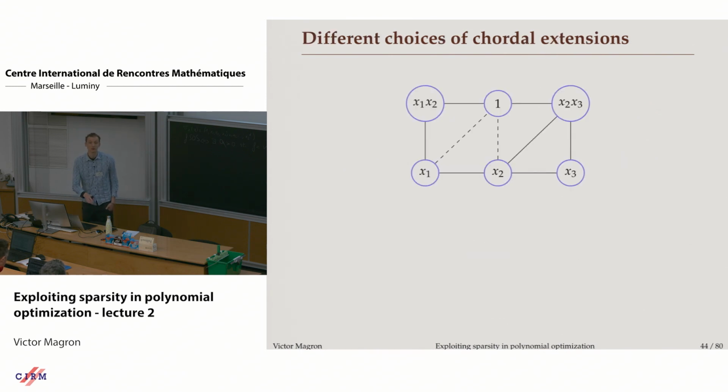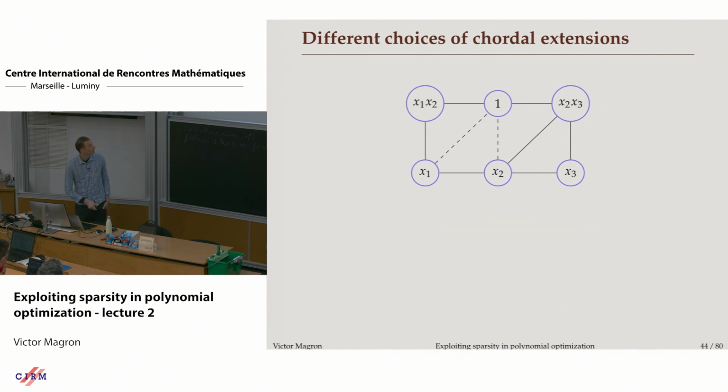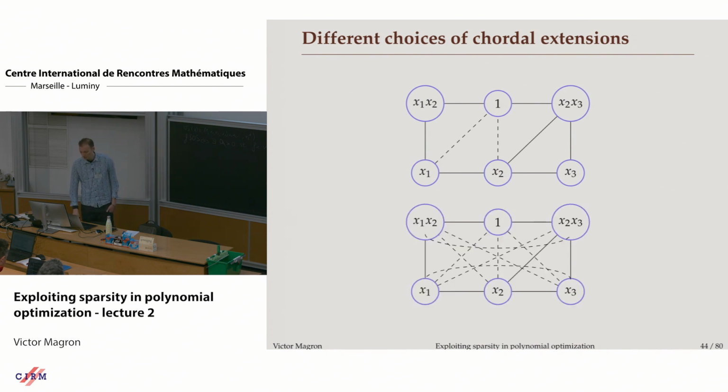Okay, so to answer the question about the choice of chordal extension, there are many choices, and this will have an impact on the performance and on the accuracy. This is what we call approximately minimal or minimal fill-in in the graph theory language. So here you take the minimal number of edges to make the graph chordal, and you can also take everyone and have a complete subgraph.